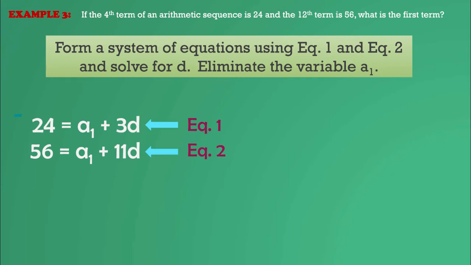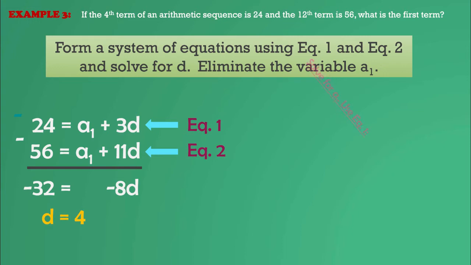Now to eliminate a sub 1, we will subtract equation 2 from equation 1. So we will get negative 32 equals negative 8d. Now dividing both sides by negative 8, we will have d equals 4.